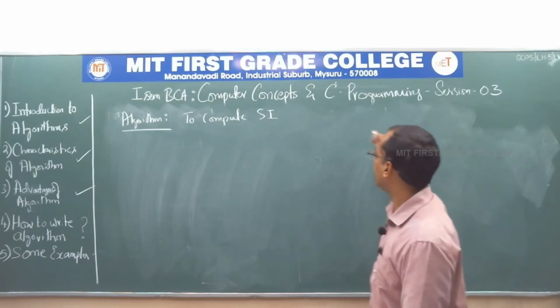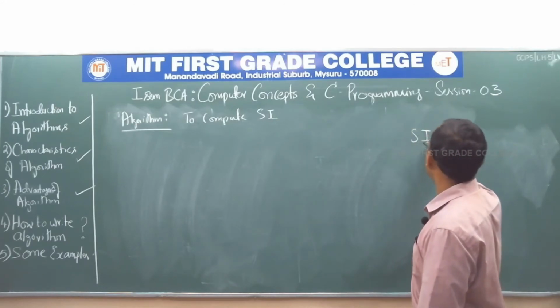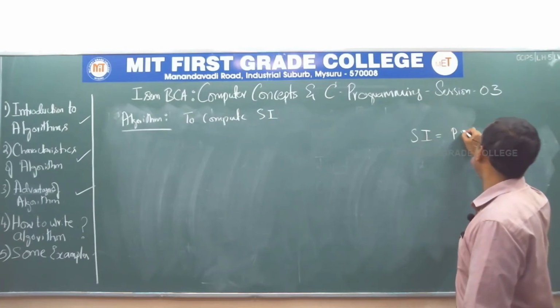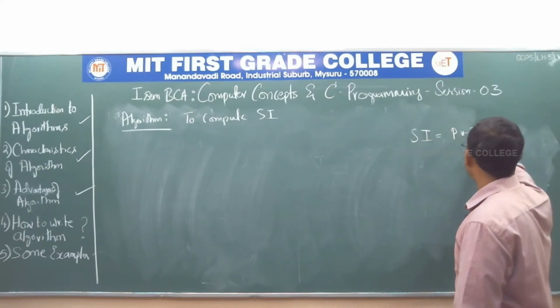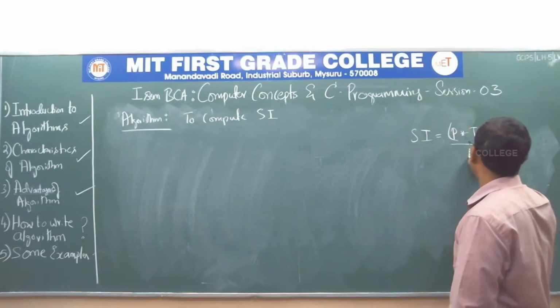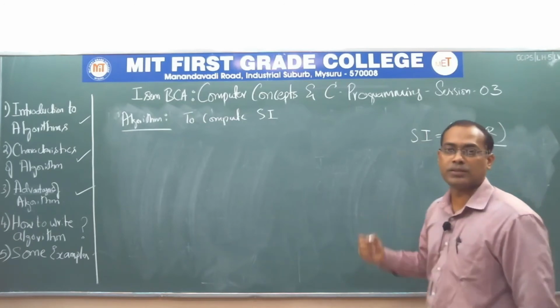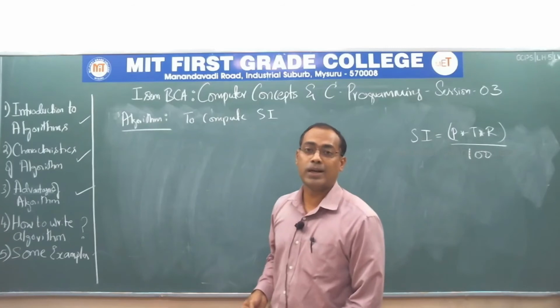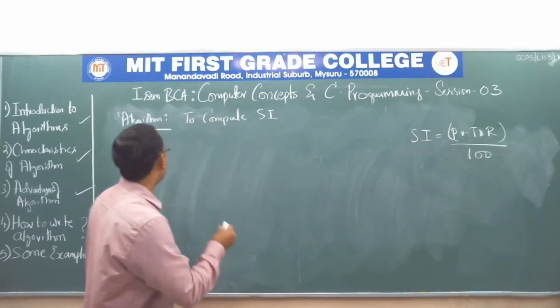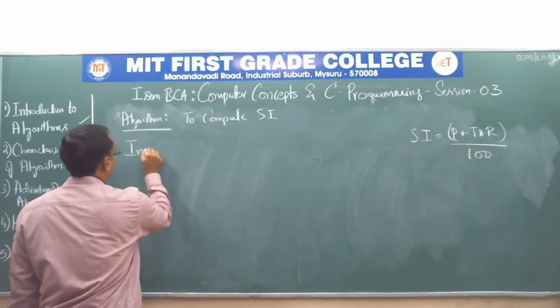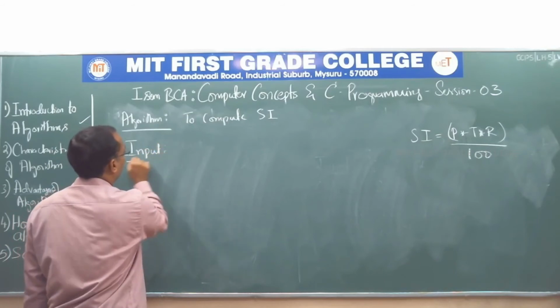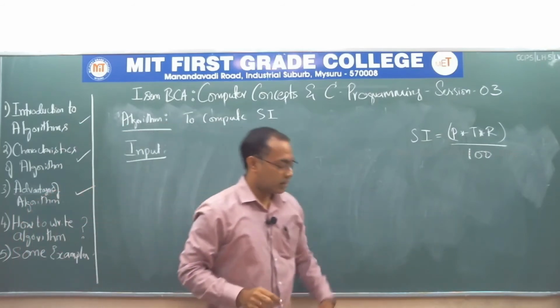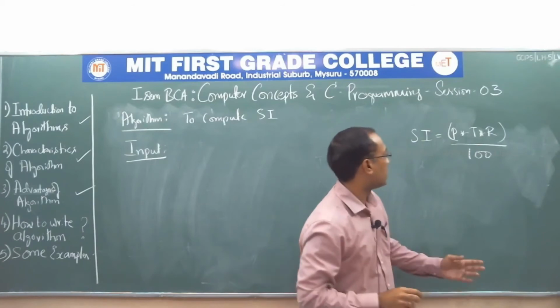So what is the formula? Everybody knows the formula. Simple interest is equal to principal into time into rate, whole divided by 100. If you know this formula, writing down the algorithm will be very easy. So we are going to write the next section, input. Looking at the formula, what are the inputs for this algorithm?